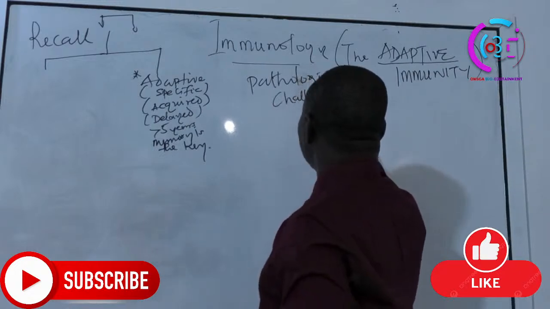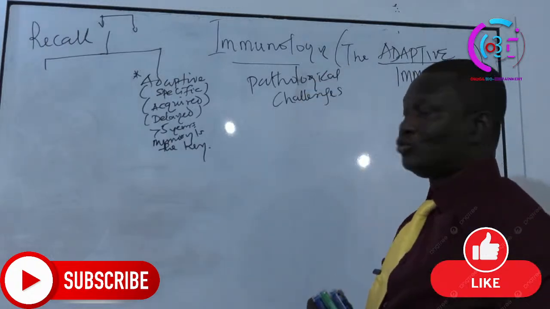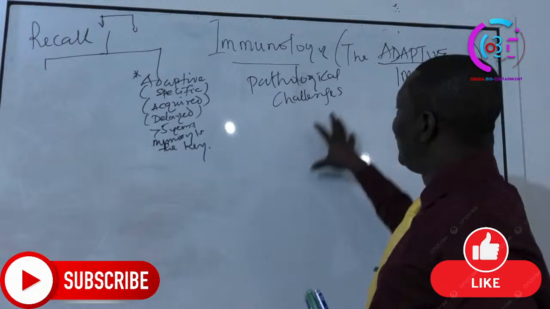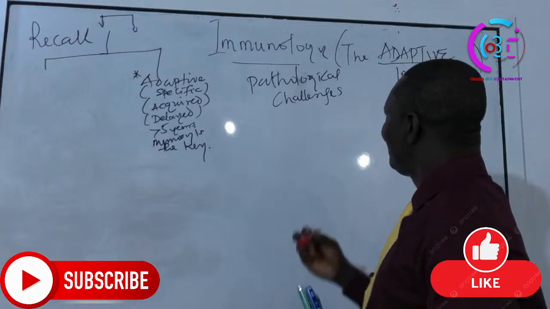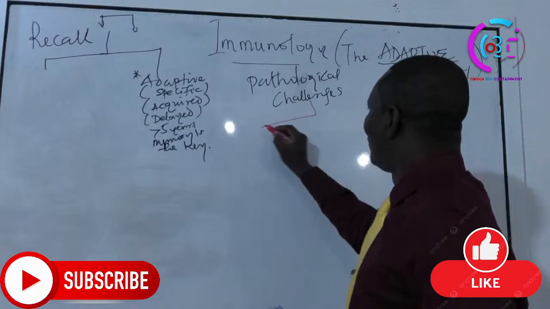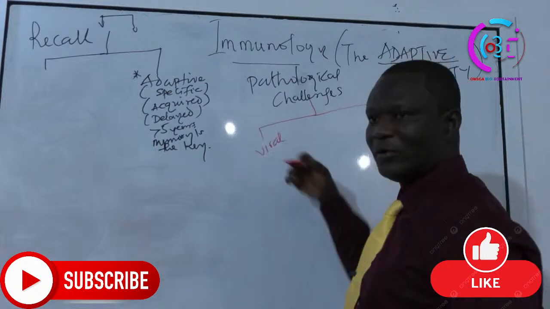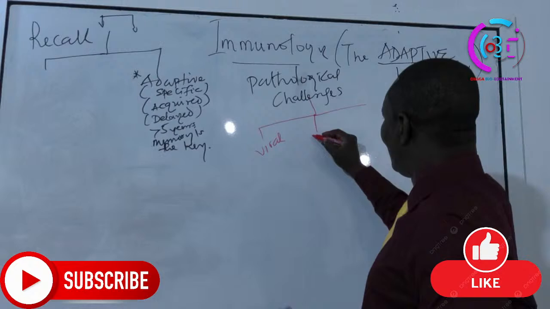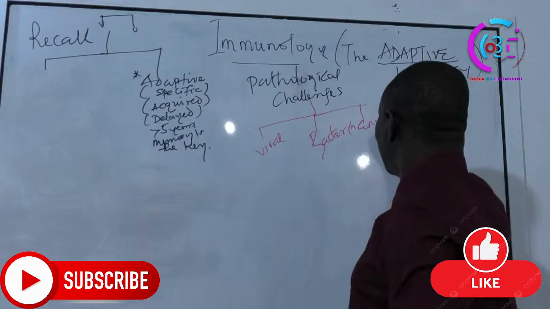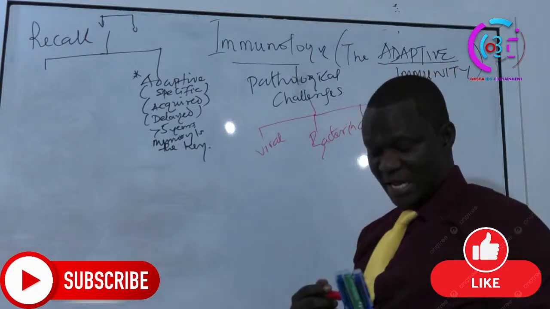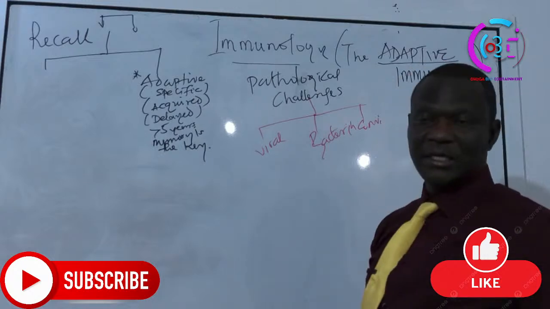So for the adaptive mechanism to develop very well, it should develop to the level that there will not be any other successful challenge from anywhere. It could be a viral challenge, it could be from bacteria, it could be from an environmental challenge sometimes, because some environmental challenges also require an immunological response.